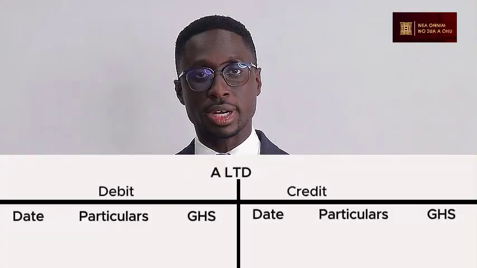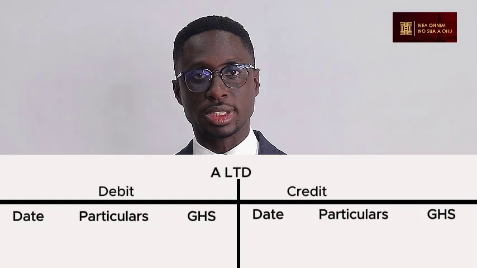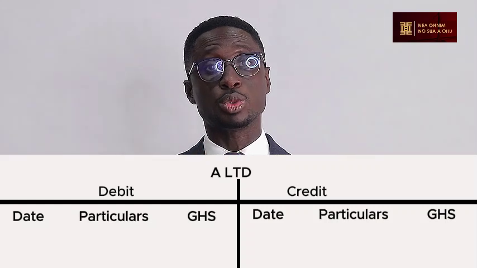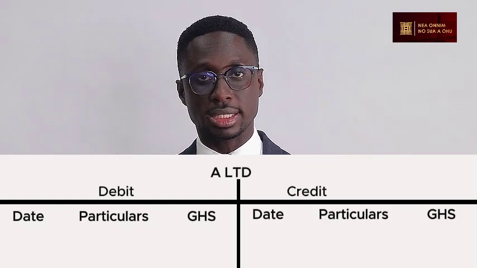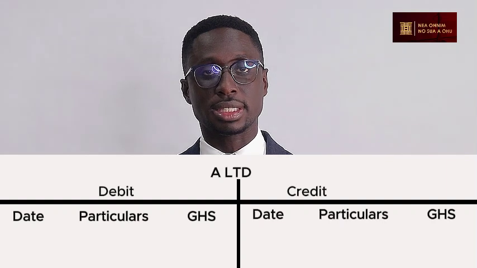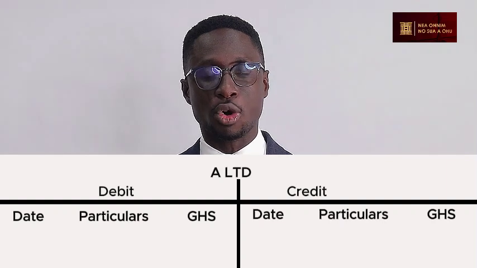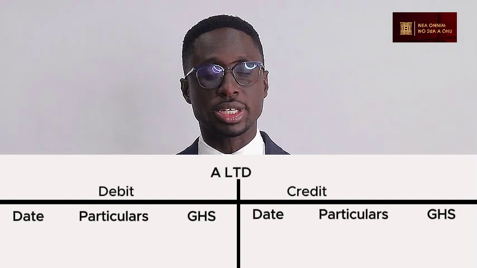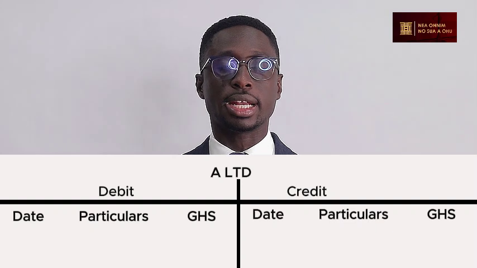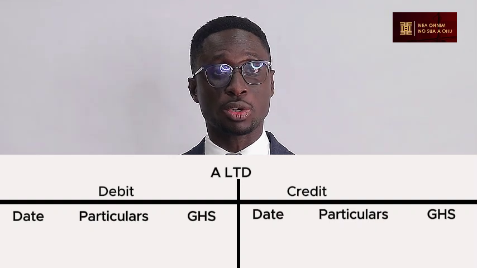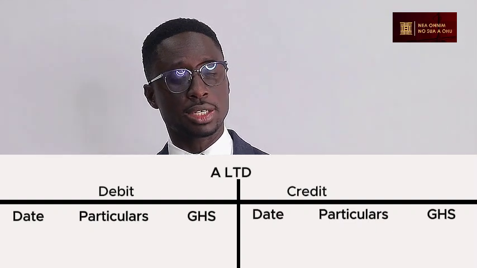Now let's have the other side. So we go into the A Limited account, which is a creditor account. So we have the T table there as well. We have the debit and credit to the top of the horizontal line, and in the middle we put A Limited as the heading. Let's have the headings on both sides below the line, and now we record our transaction this time around on the credit side, which is the right side.